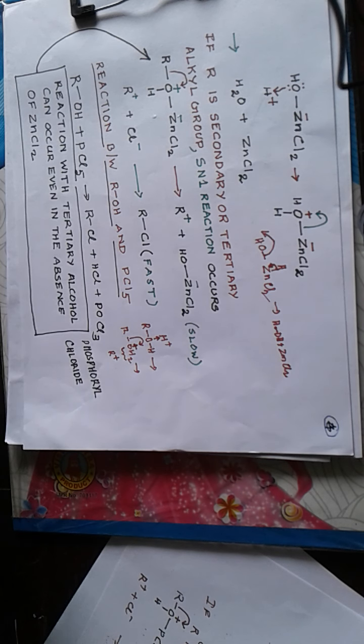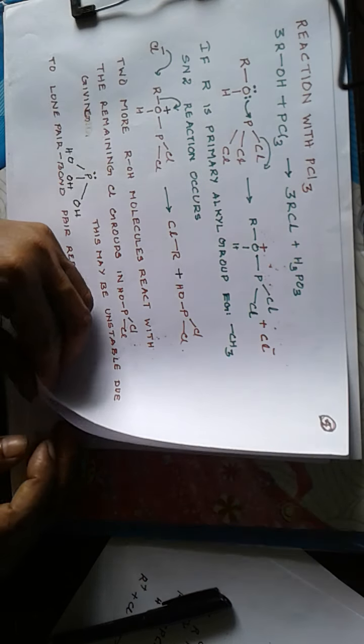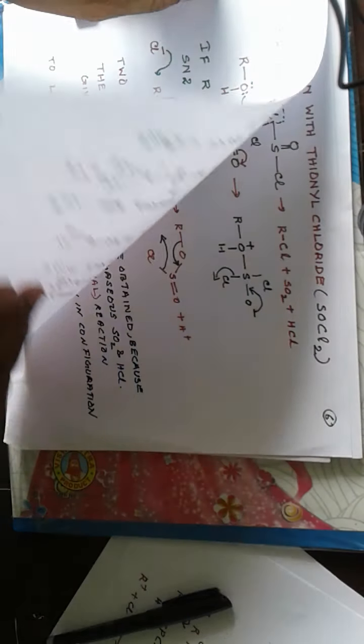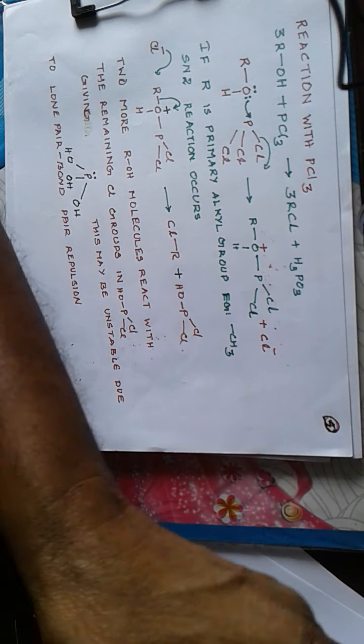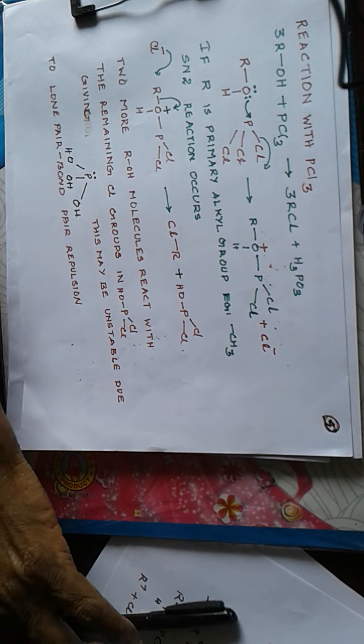Now let us see how the reaction happens. Again, I told you these mechanisms, one thing need not be correct, because most of the mechanisms are fabricated by myself, and so they are not absolutely correct, and I suggest you should not study these mechanisms, but go through these mechanisms and understand what happens.